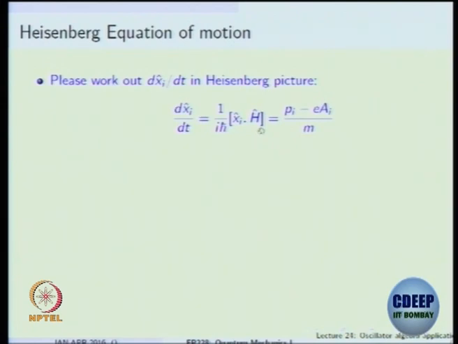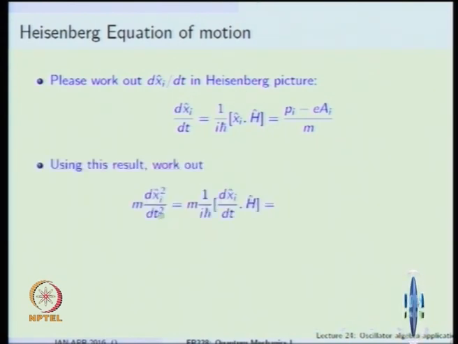If you work it out, you will be able to see this. We would like to work out m d squared xi by dt squared. This is something you need to work out. So it's d by dt of dxi by dt. The operator dxi by dt will show up on the right hand side in the commutator with the Hamiltonian. So I want you to work this out.